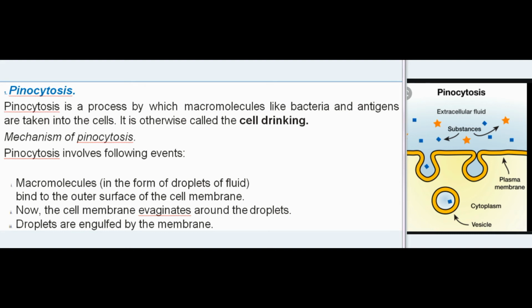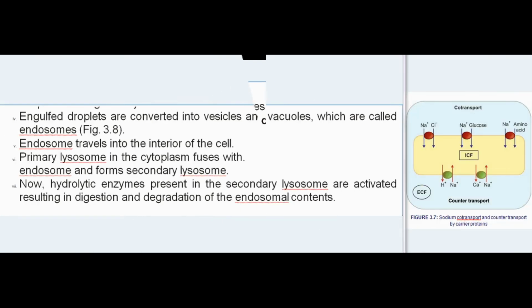Mechanism of pinocytosis. Pinocytosis involves following events: macromolecules, in the form of droplets of fluid, bind to the outer surface of the cell membrane. Now, the cell membrane evaginates around the droplets. Droplets are engulfed by the membrane. Engulfed droplets are converted into vesicles and vacuoles, which are called endosomes, Fig 3.8.